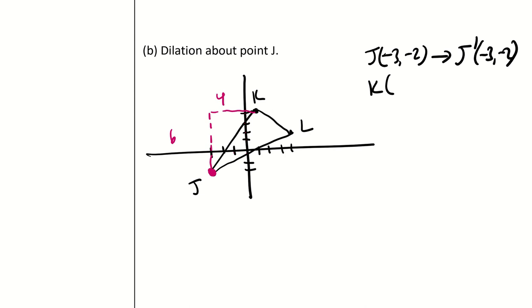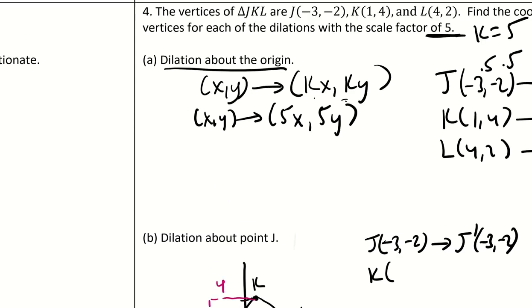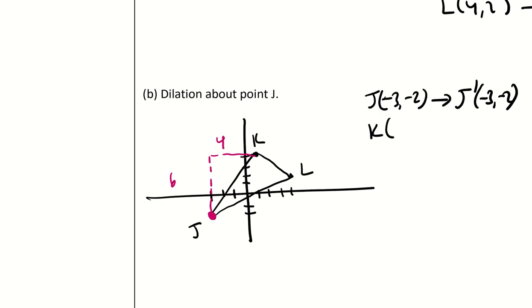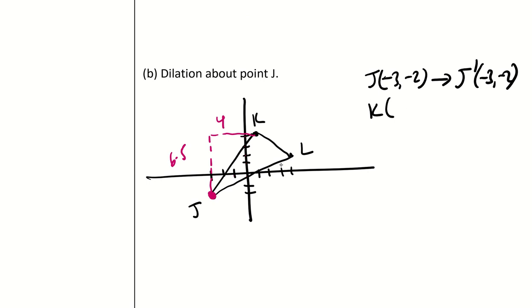And then we're going to stretch this by a factor of 5, so we're going to multiply each of these by 5. So this is going to be 30 and this is going to be 20. This vertical distance has to be 30, this other one has to be 20, and that's what will stretch it beyond what it needs to go.